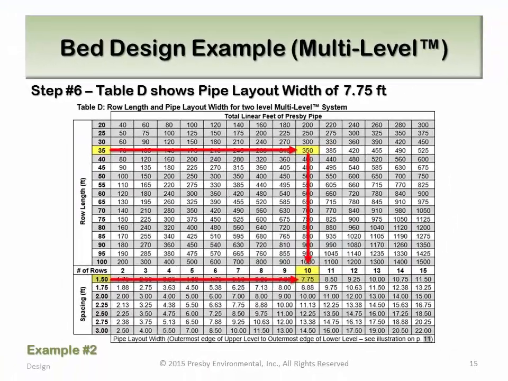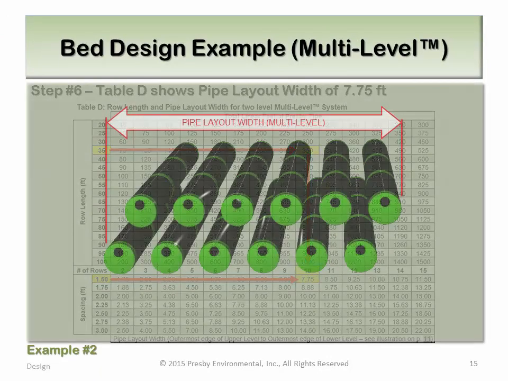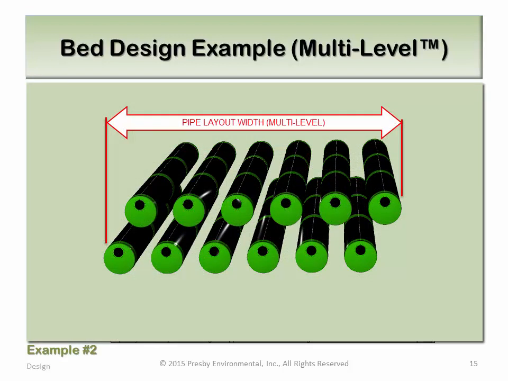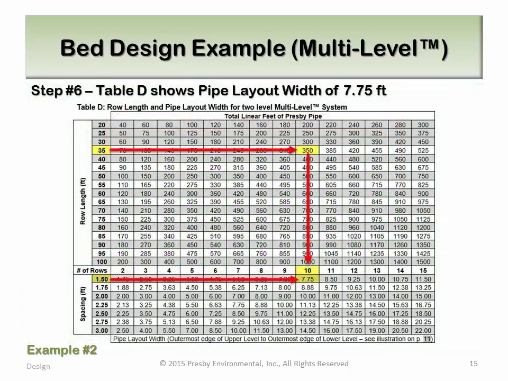When working with multi-level systems, the pipe layout width is measured a little differently than with single-level beds. With multi-level fields, the pipe layout width starts at the outermost edge of the outermost row in the upper level and is measured to the outermost edge of the outermost row in the lower level. I'll be sure to point this out in the illustration at the end of this example.